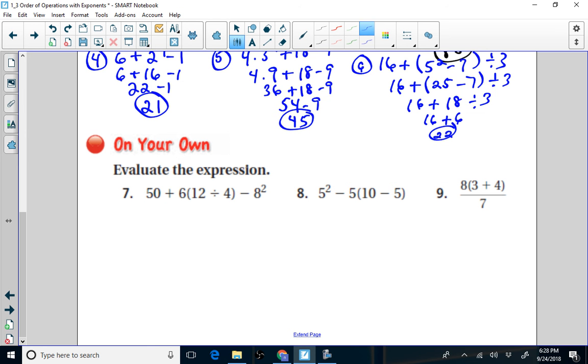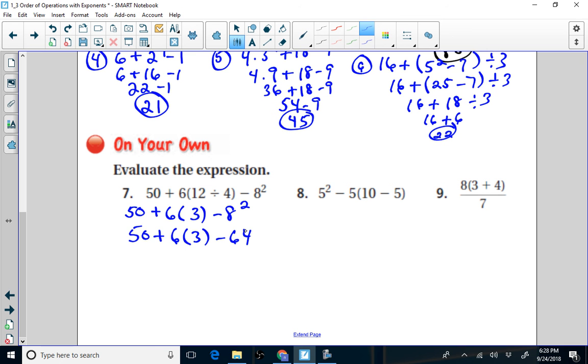Parentheses. So this is going to be 50 plus 6 times (12 divided by 4 is 3) minus 8 squared. Now your exponent has to be done before anything else. Let me undo that and do that again. So that's 50 plus 6 times 3 minus 8 squared is 64.